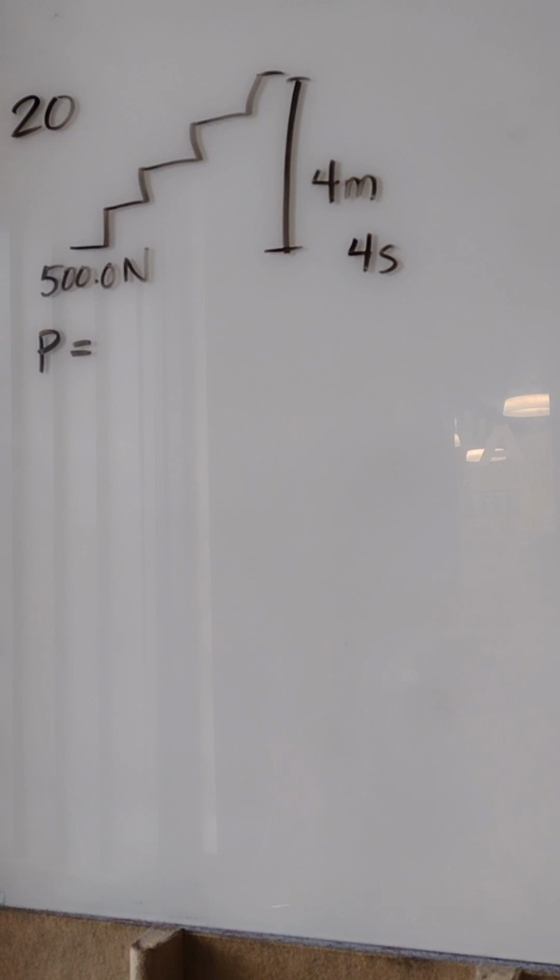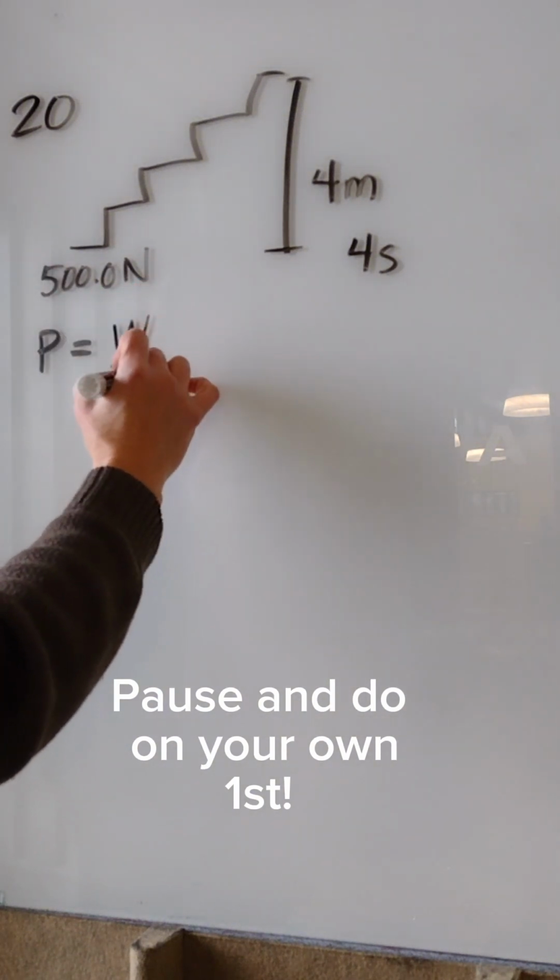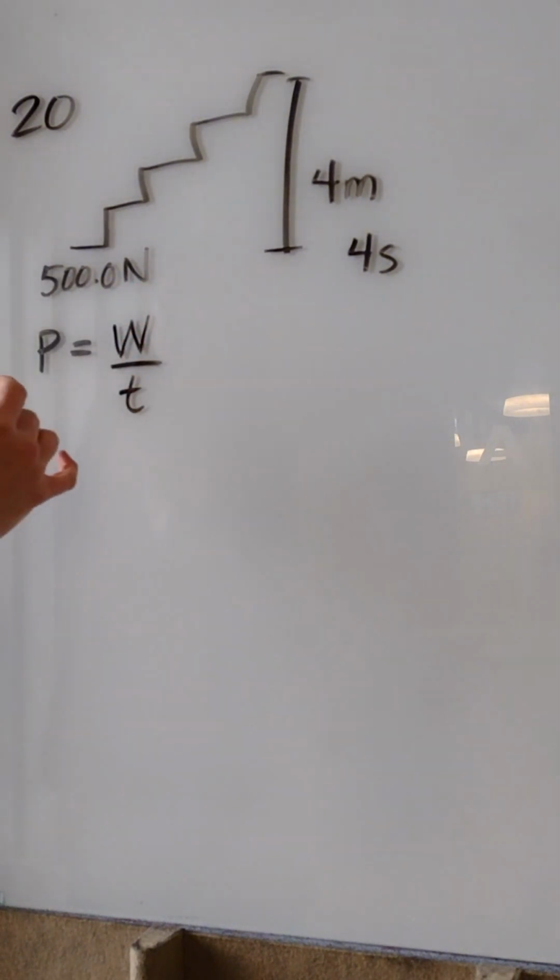Okay, number 20, you exert a force of 500 newtons to walk 4 meters up a flight of stairs in 4 seconds. How much power do you use? Okay, remember, power is work divided by time. Let's write our knowns down.